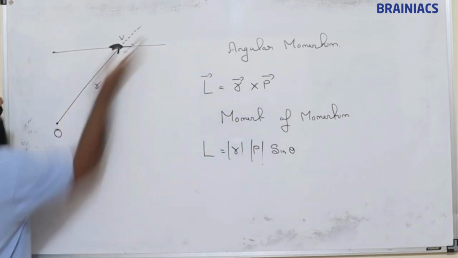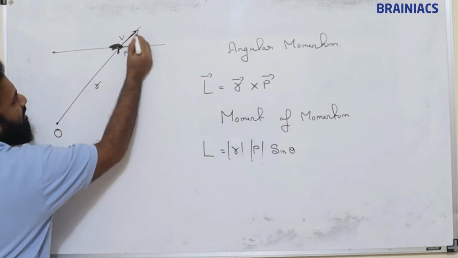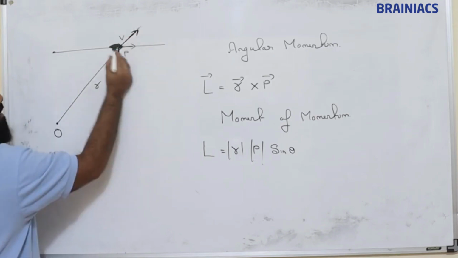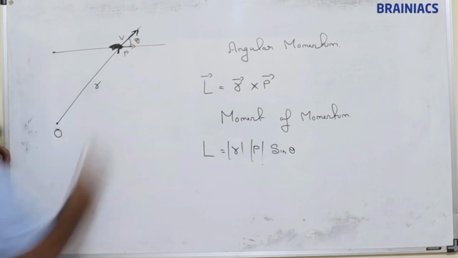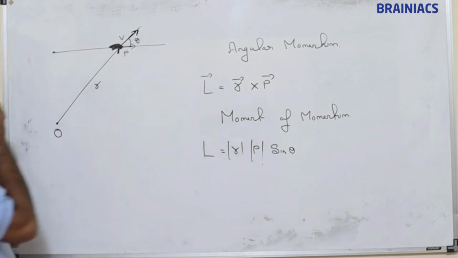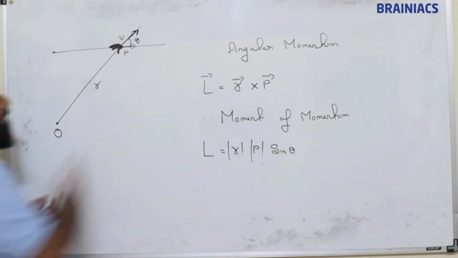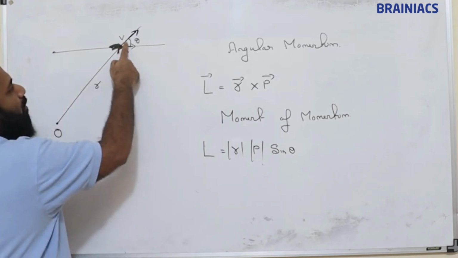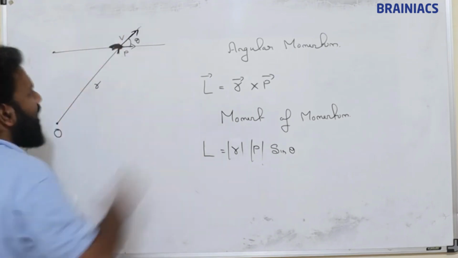The direction of r is this. In order to take the direction, we extend this to show the direction; the magnitude is only up to here. Then we take this theta. r sine theta: if we want, we can resolve this and directly take this component, I will show that also.